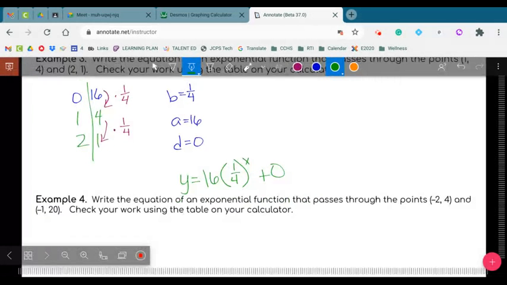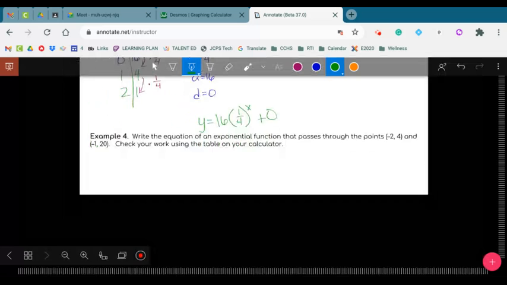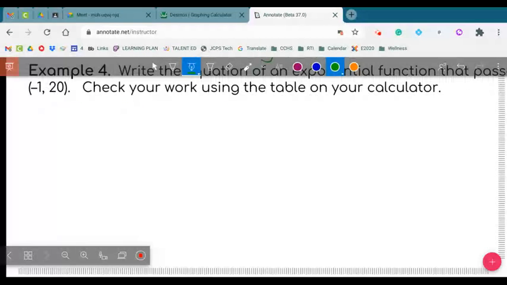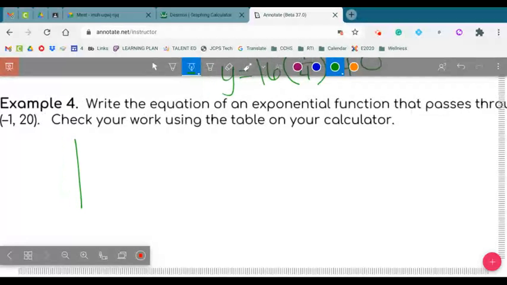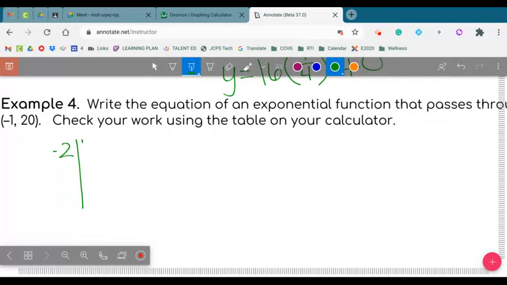Okay, next question. I have to write the equation of an exponential function that passes through the points (-2, 4) and (-1, 20). So I can list those in the exact order that they were given. (-2, 4), (-1, 20). So what did I multiply by? I multiplied by 5.